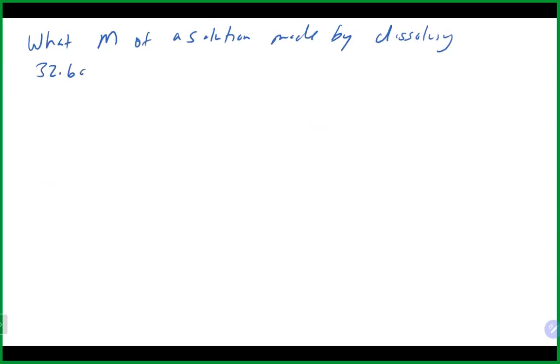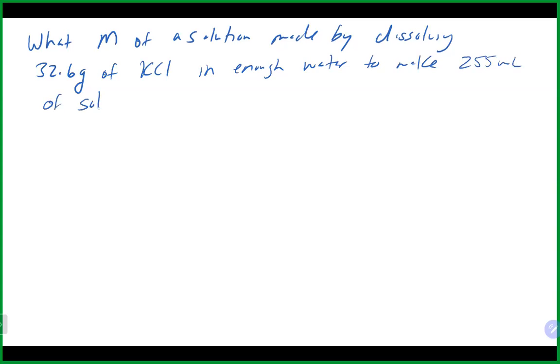say, what is the molarity of a solution made by dissolving 32.6 grams of KCl in enough water to make 255 milliliters of solution.